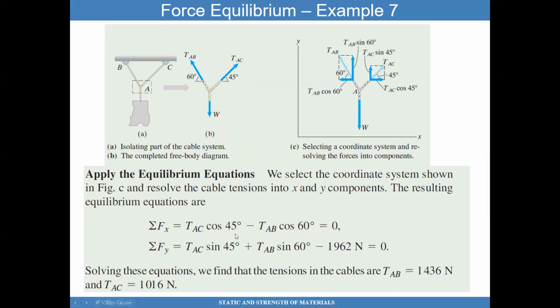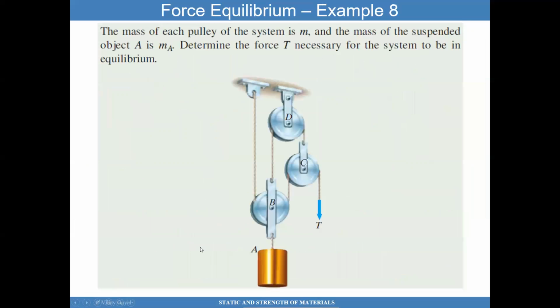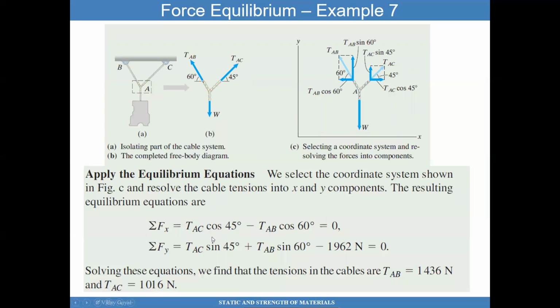Two unknowns, TAC and TAB. I can solve for TAC in terms of TAB, plug it into the second equation, and then solve for TAB. Then I can find the cable tensions to maintain the system stationary and in equilibrium. And so in this example, what we've seen is that it is very simple.